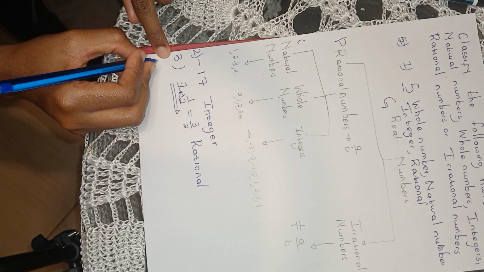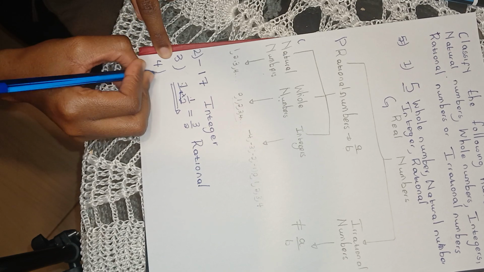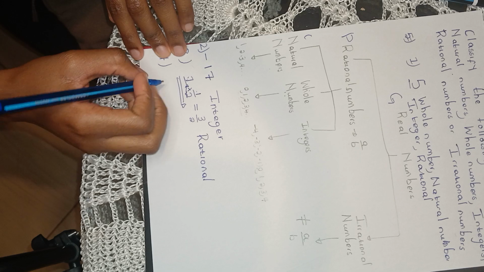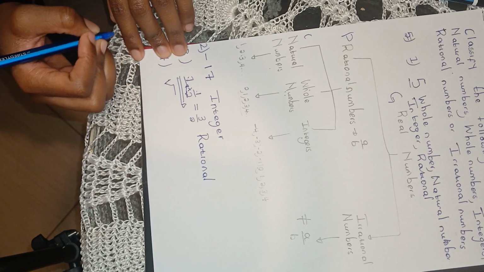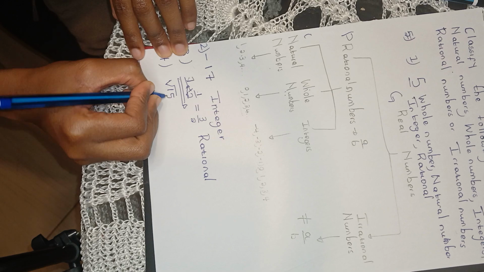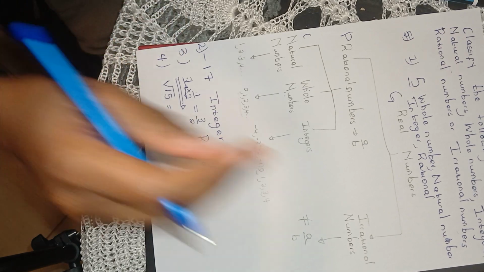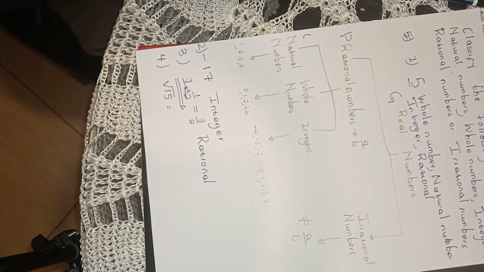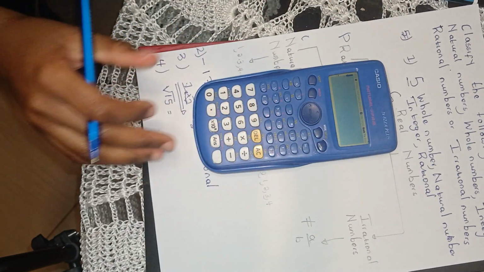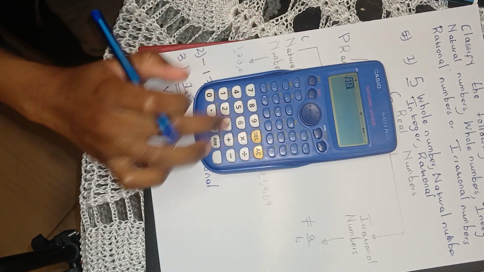And then we have another interesting one, number 4, which is the square root of 15. Let's take out our calculators. In your calculator, punch square root of 15.